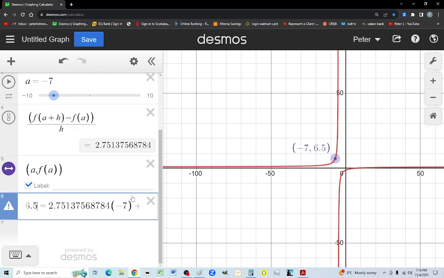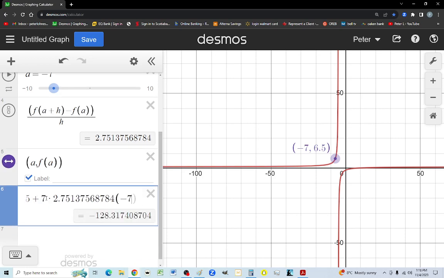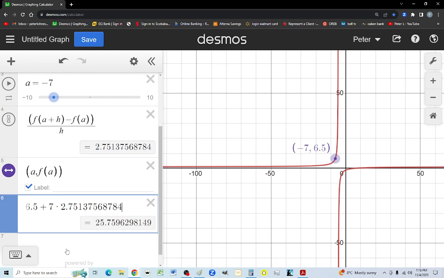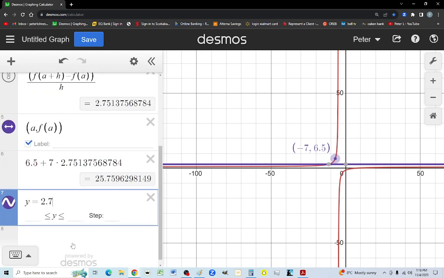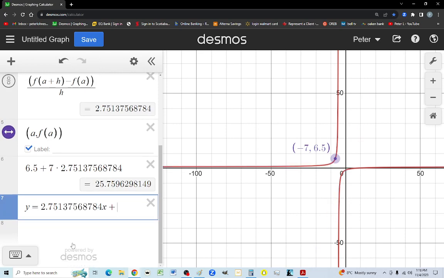So all I have to do is get rid of that and just do plus 7 times this, and it should tell me what it is. So that's my B. Now I just rewrite it with the slope plus my B. And there we go. We got a nice little tangent line.